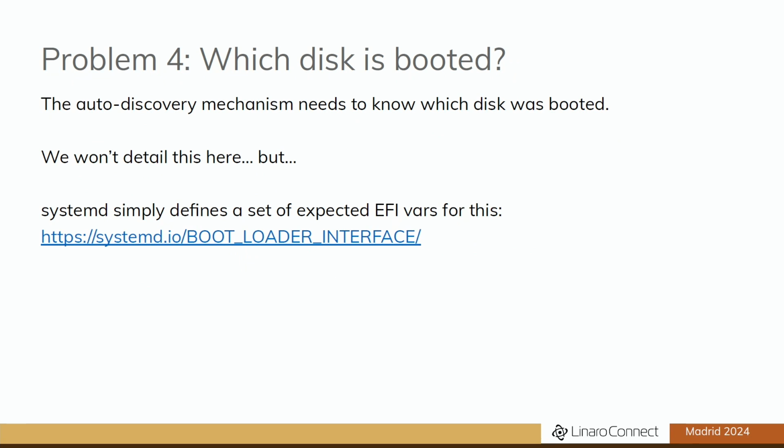Now, of course, we still need to know which disk we actually should look on, which is a surprisingly hard question, maybe, because we don't really know which disk we booted from. But the short answer is there is a standard that systemd defines. It's not a UAPI spec, at least not yet, where they are basically just defining some EFI variables that are expected to be set.